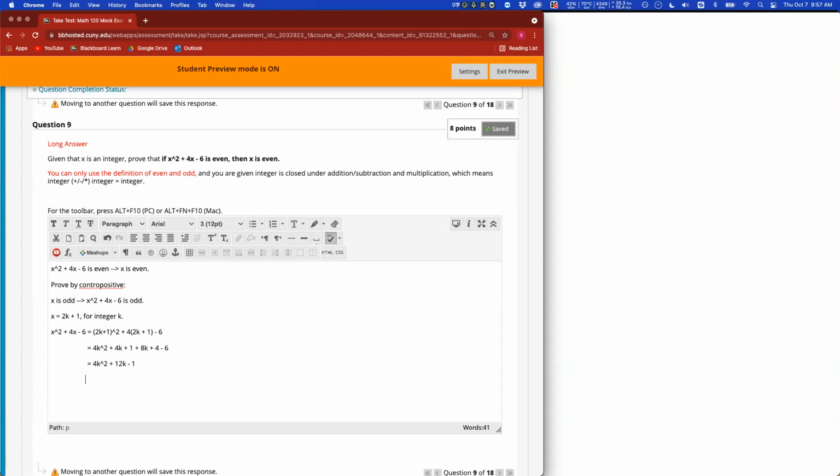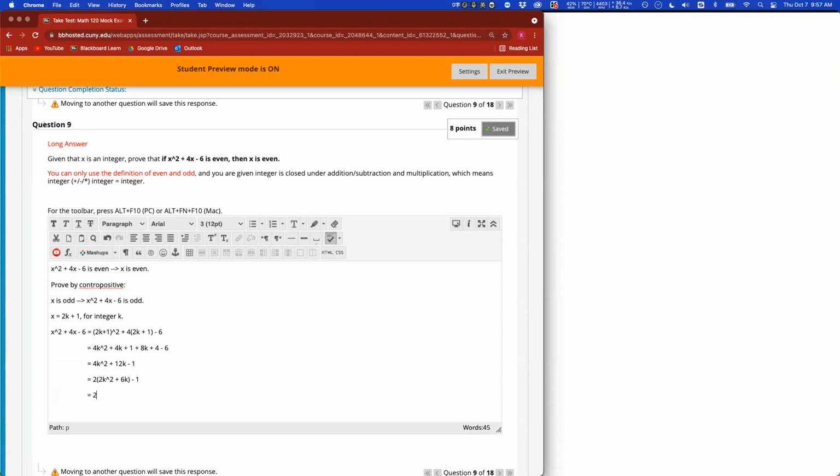Now, if you want to put it into the odd number form, then you can factor out 2 times (2k squared plus 6k minus 1). So you can either put it as 2k minus 1, that is fine. 2k plus 1, 2k minus 1, they both represent odd.